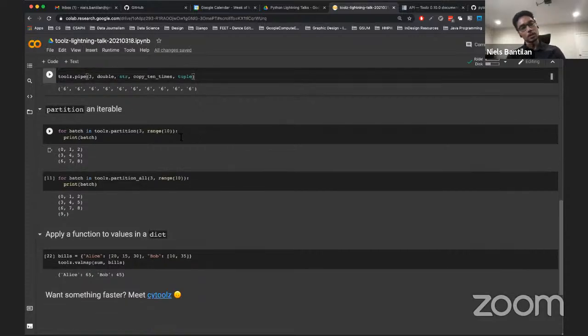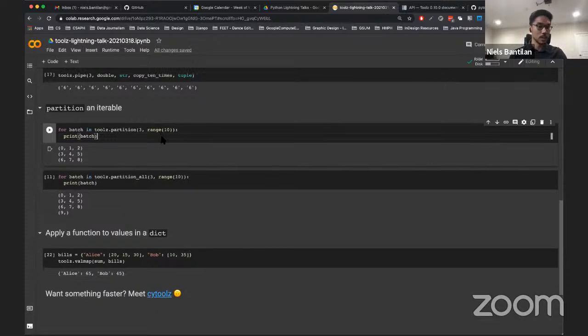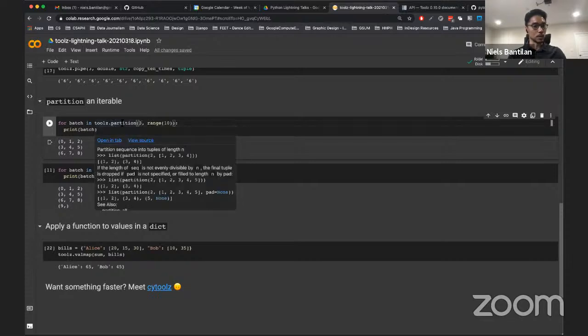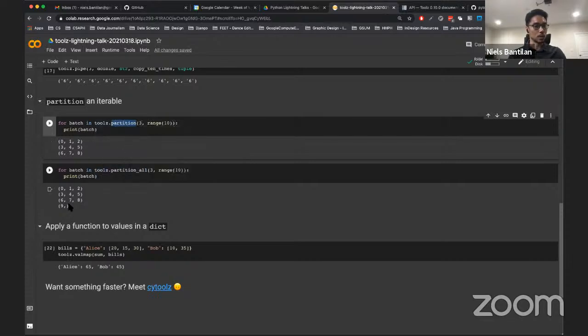Partition is nice if you do machine learning stuff. This is really for the lazy because you can probably implement this pretty easily with just plain Python. But if you want to batch some data, you can use just this partition function, or partition_all if you want to include batches of all the data and not just batches that are divisible by the first argument.